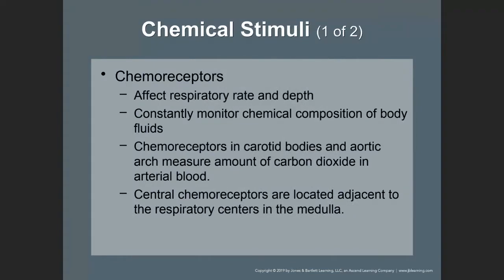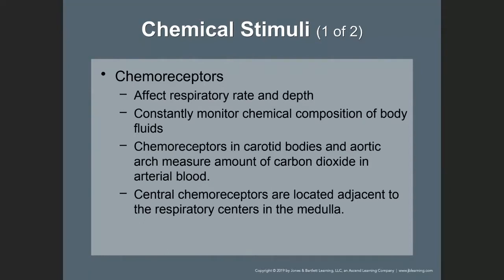Chemical stimuli. Chemoreceptors. Chemoreceptors affect respiratory rate and depth. They constantly monitor chemical composition of the body fluids. So the chemoreceptors in the carotid bodies and aortic arch measure the amount of carbon dioxide in the arterial blood.